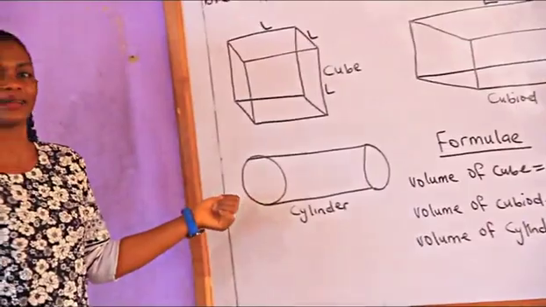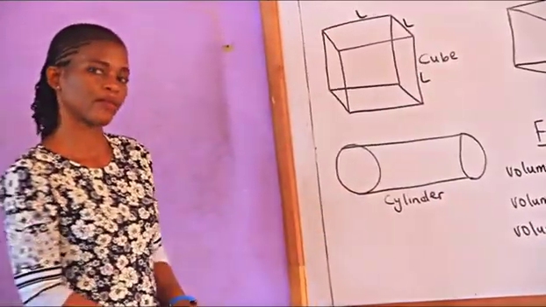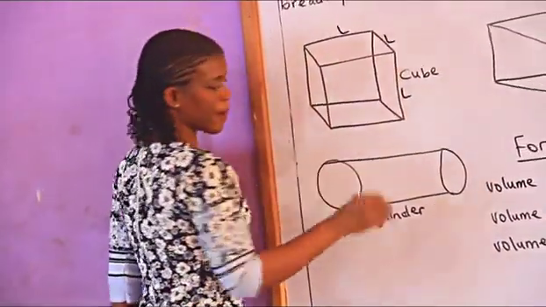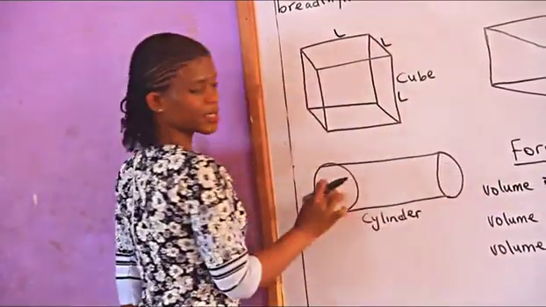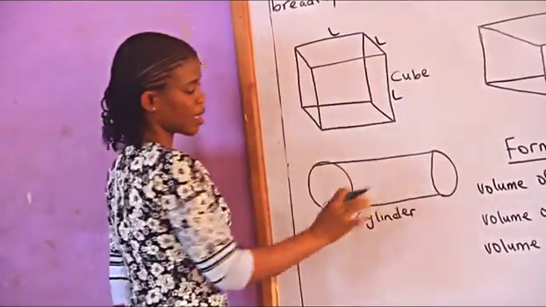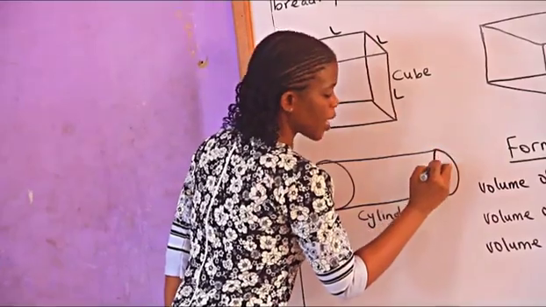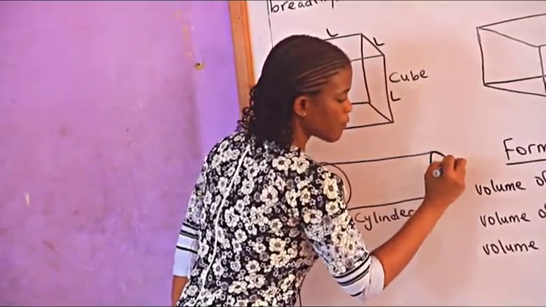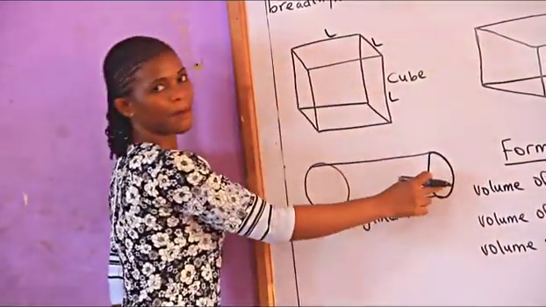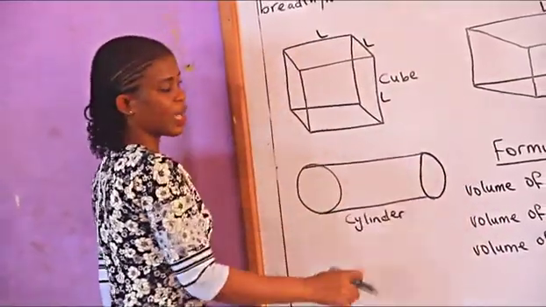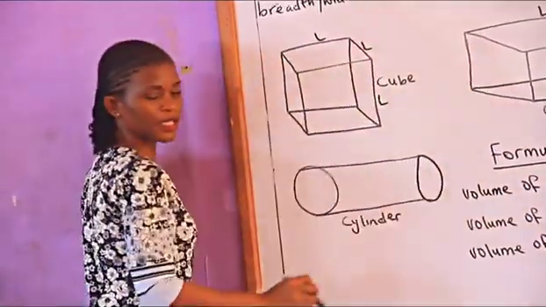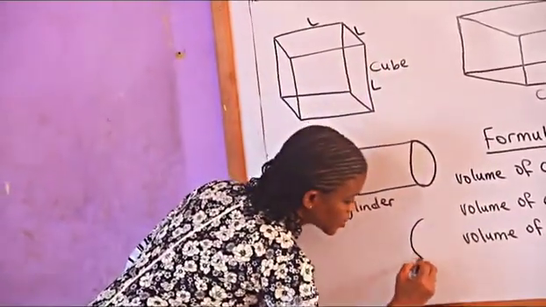For a cylinder, because it has an area base, these are the bases rather. We are going to carve out this part of the cylinder, and if we carve out this part of the cylinder, it's going to give us a circle.